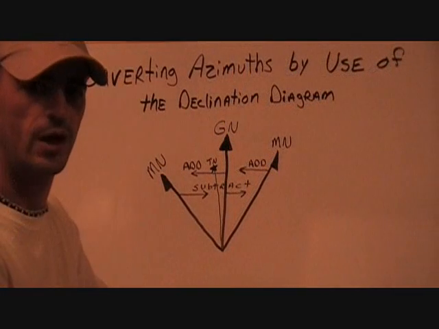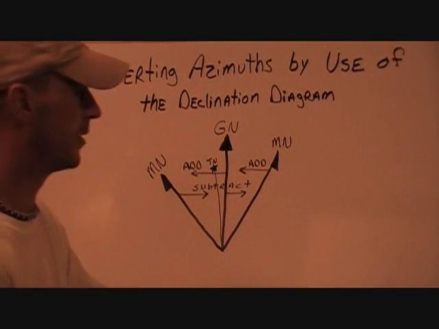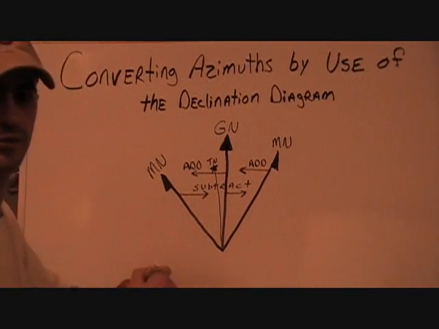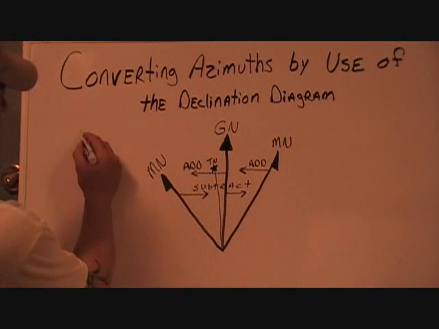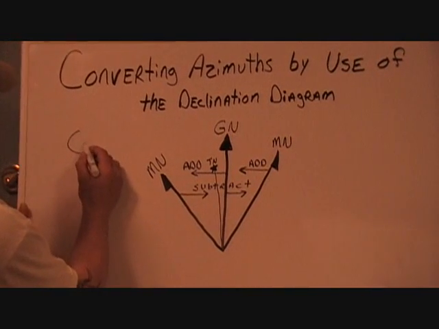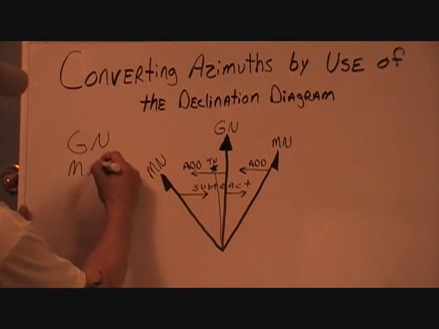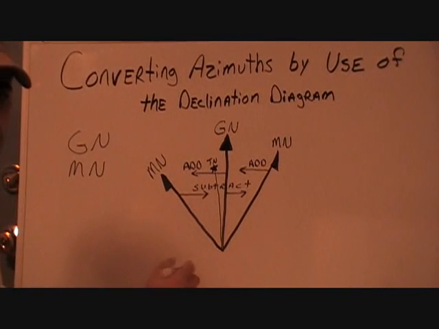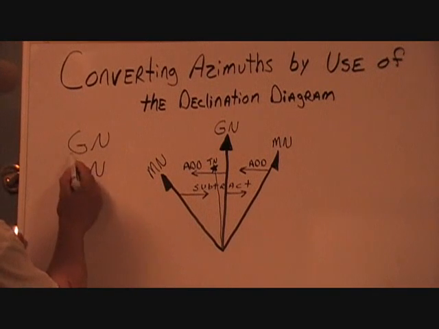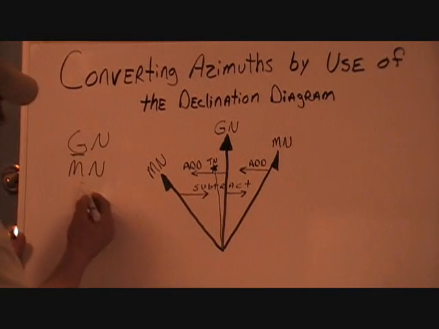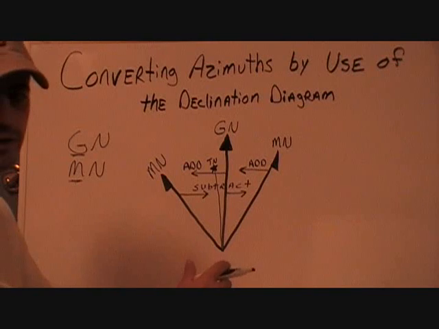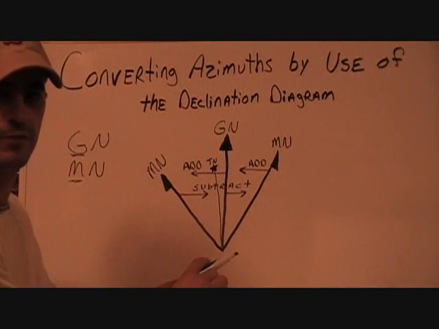Alright, so hopefully you guys can see this. What I explained in the last video was grid north and magnetic north, and I explained it as G was general and M was major, and what you had to do to convert it.